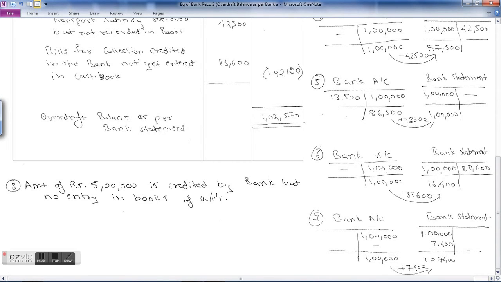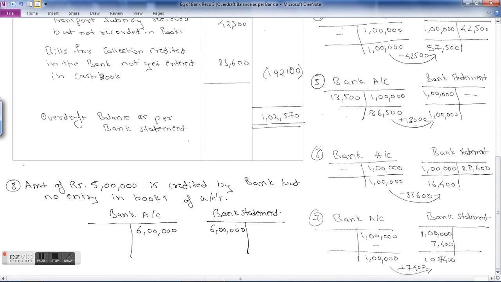So for the working, since the transaction amount is 5 lakh, we will take a balance of more than 5 lakh, let's say 6 lakh, credit in the bank statement and 6 lakh debit in the books, since it's an overdraft.